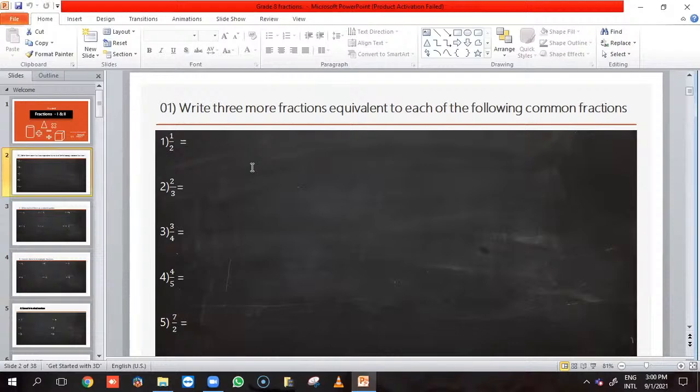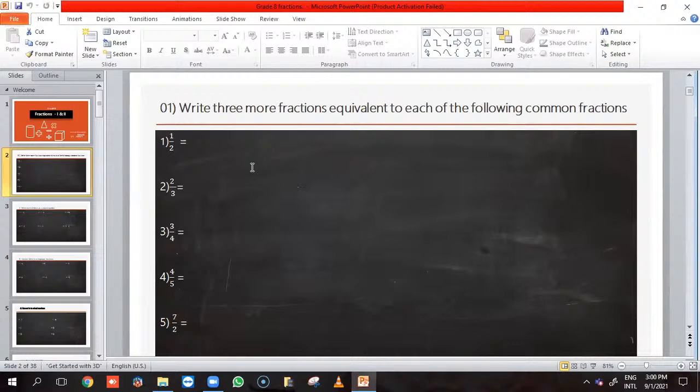What are called equivalent fractions? Equivalent means that if you multiply the denominator and numerator by the same number, we can obtain an equivalent fraction. There is another way also to obtain equivalent fractions. We can obtain them by dividing.